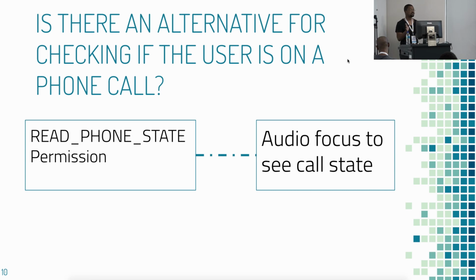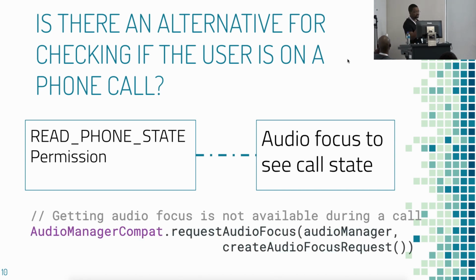Audio focus is not available during a phone call, so you check for that, and that way you know a call is happening. This is how you call it: AudioManagerCompat.requestAudioFocus, passing the audio manager and the audio focus request, with the comment that getting audio focus is not available during a call.